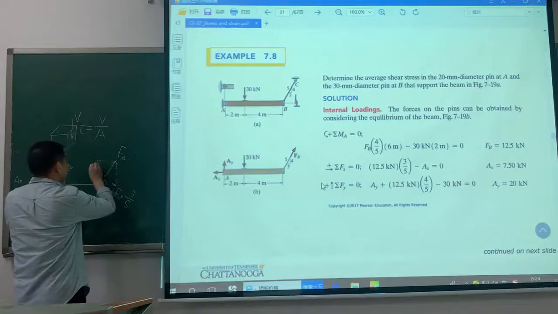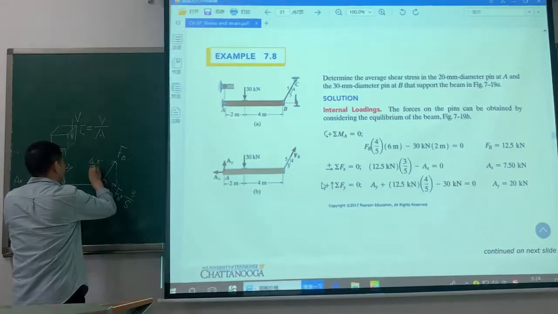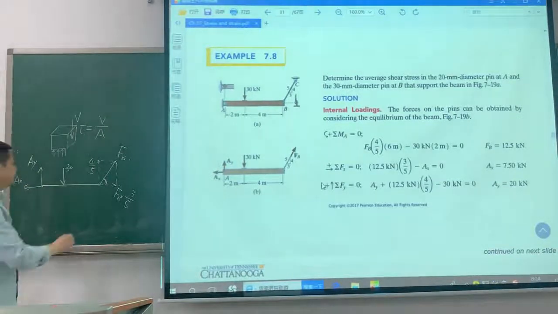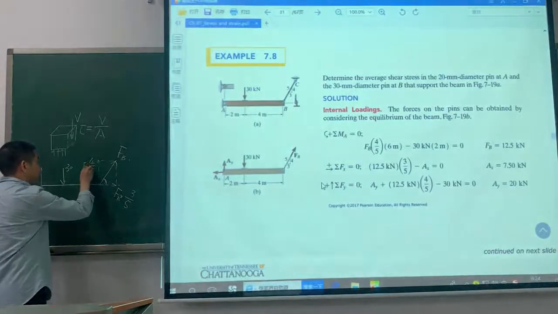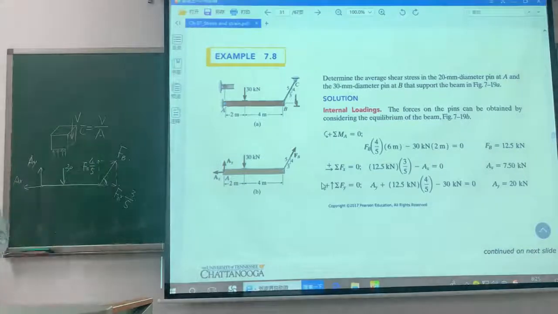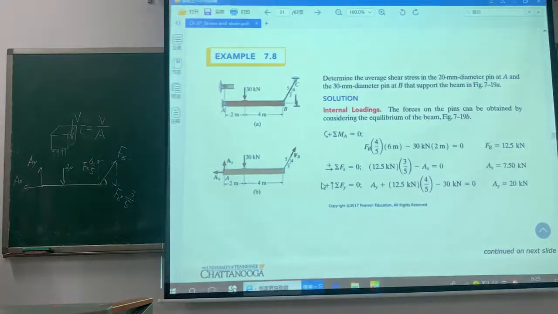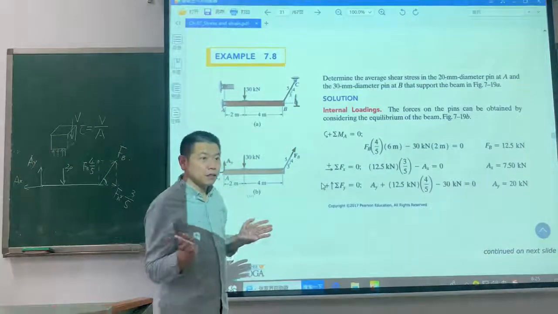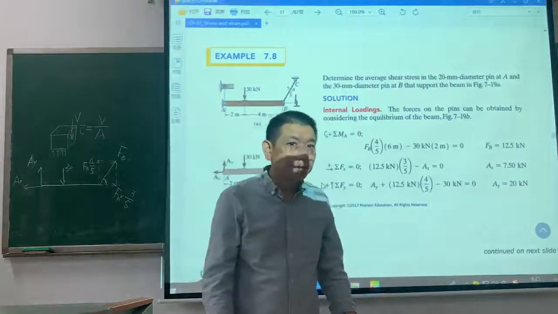This component is 4/5 FB. Understand? This is how to resolve a force into its components.